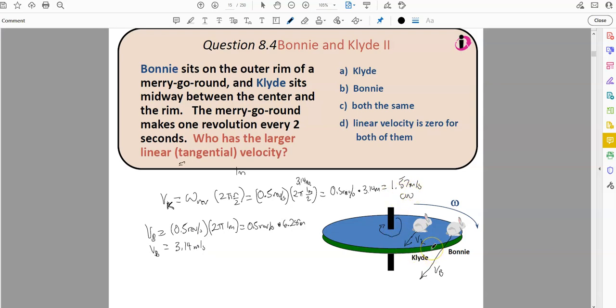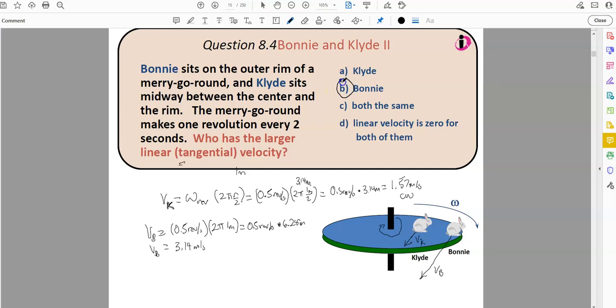So in order for Bonnie to stay right next to Clyde, she's got to be moving with twice the speed of Clyde at every point on the circle. I know it seems weird, but that's the relationship between polar and linear. Okay. So in this problem, who's got a larger tangential velocity?